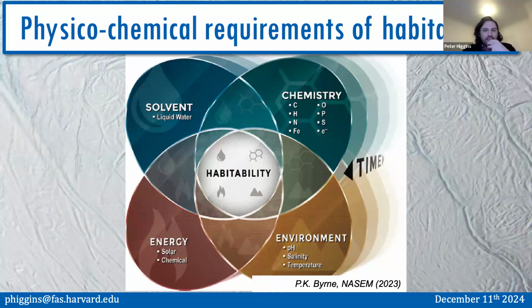Now we can reduce this thing down into a series of physical and chemical controls on biology, which is popularly shown in a kind of Venn diagram like this, where critically there's an additional time element associated as well. So we need all of these things through time in order to really sustain habitability long term and have the best chance of life being present in these environments.